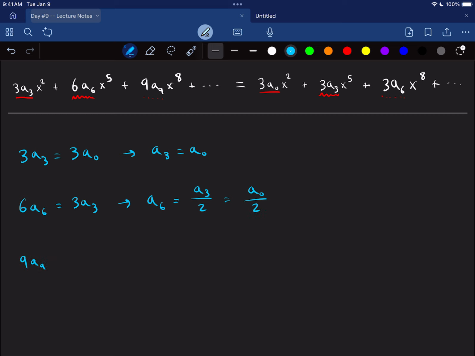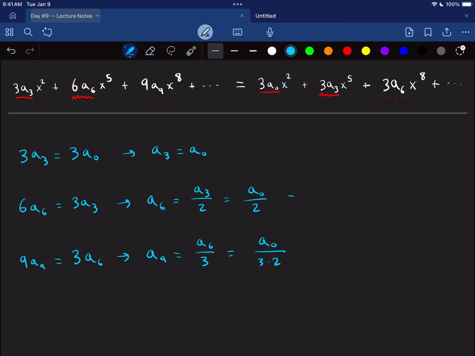The last one that I have, 9A9 is equal to 3A6, which tells me that A9 is equal to A6 over 3, but A6 is A naught over 2.